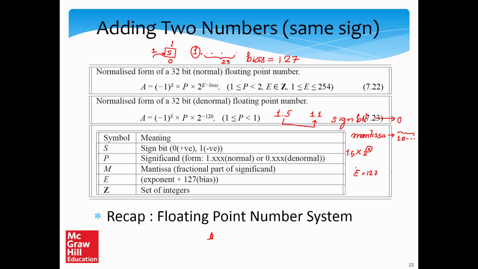So in 32 bits, we have 1 bit for the sign, 23 bits for the mantissa, then 8 bits to store the exponent, which is stored in the bias notation. The real exponent is actually e minus the bias.